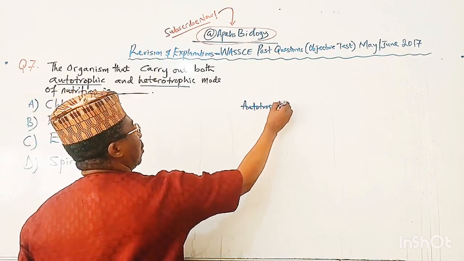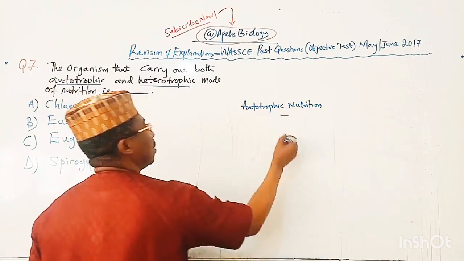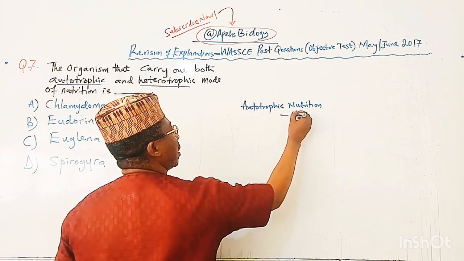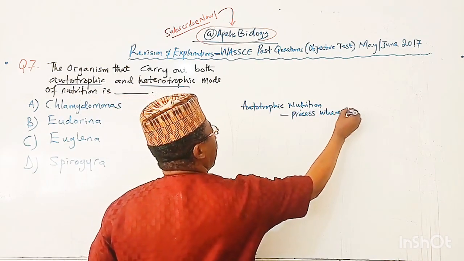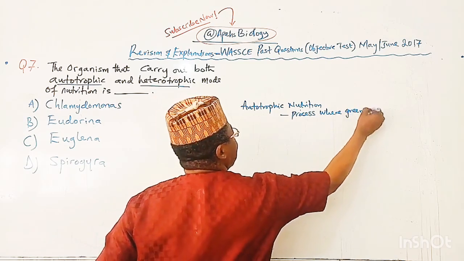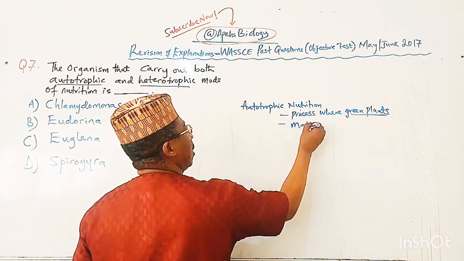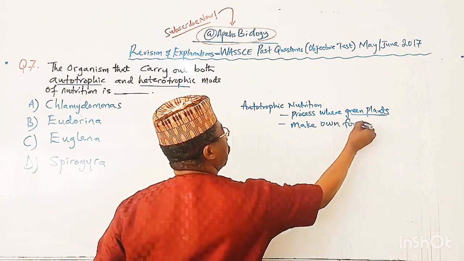Autotrophic nutrition is a process where green plants make their own food.